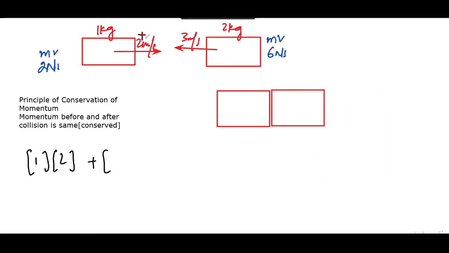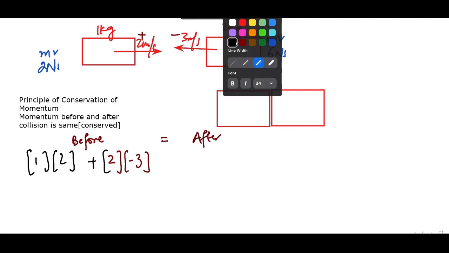So this is positive velocity, but this will be negative velocity. Because I want to find the total momentum, I'll be adding them together. So this is 2 kg multiplied by negative 3 meters per second. This is all before the collision, and it must be equal to after the collision.